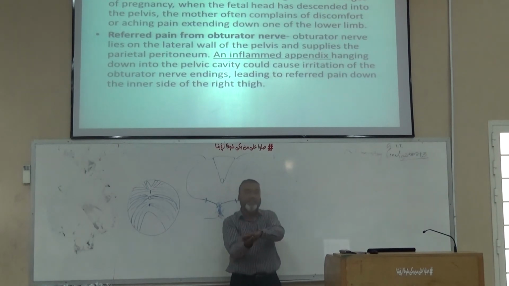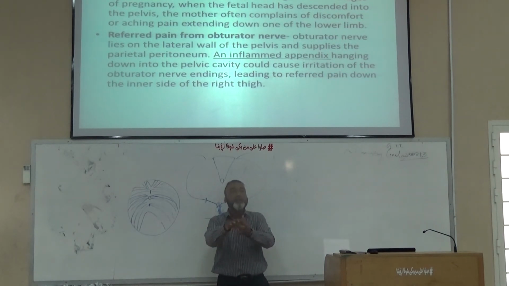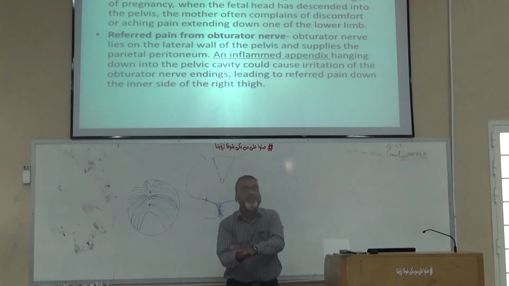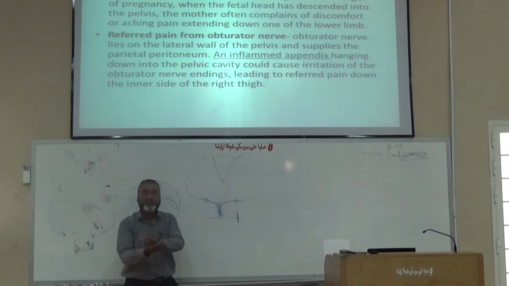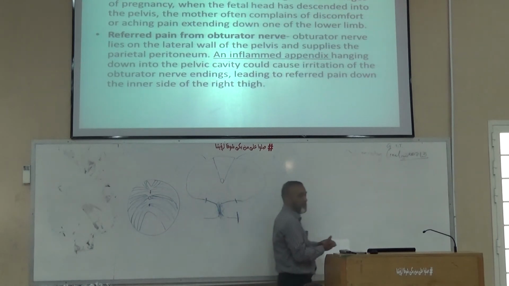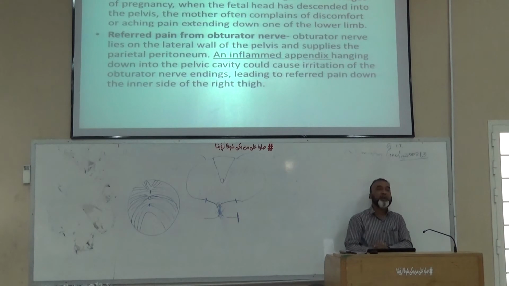Keep on changing the position so that her nerves cannot be pressed by the head of the fetus. Okay, so this is the precaution to prevent pressure from the head of the fetus.